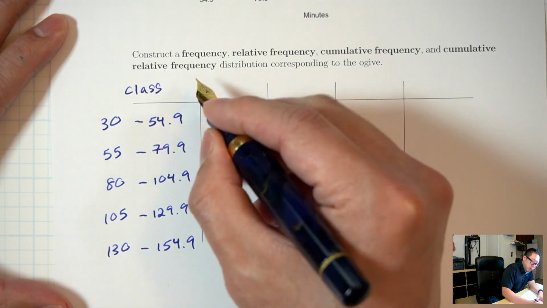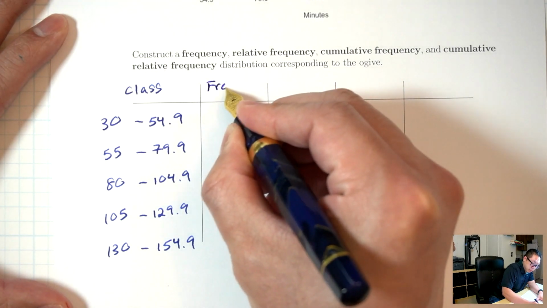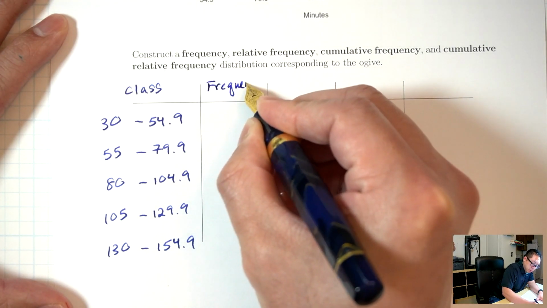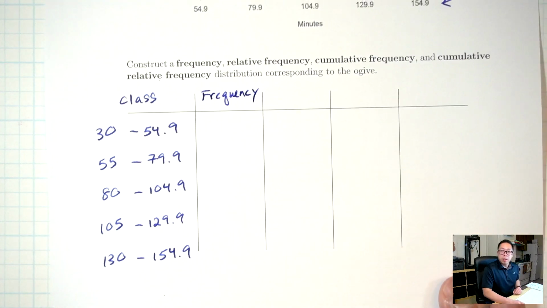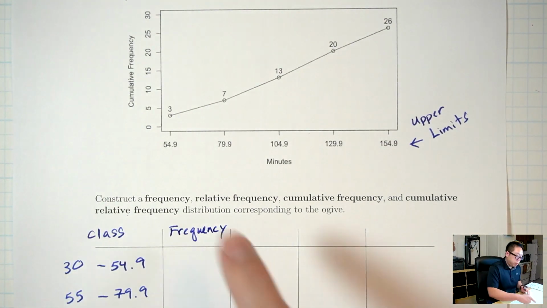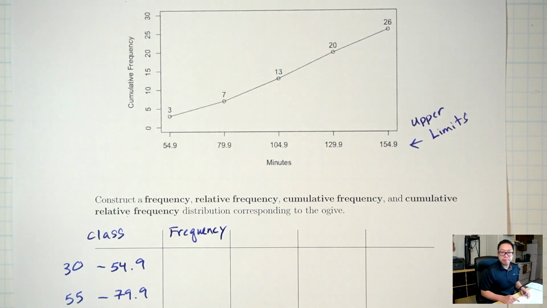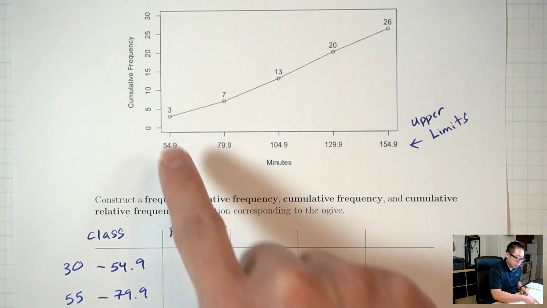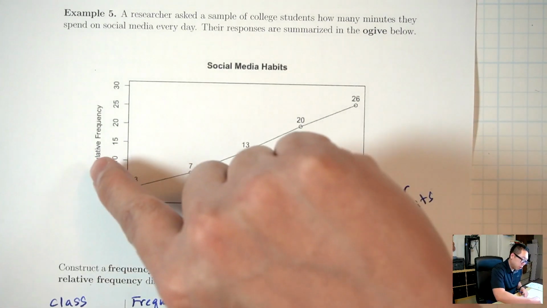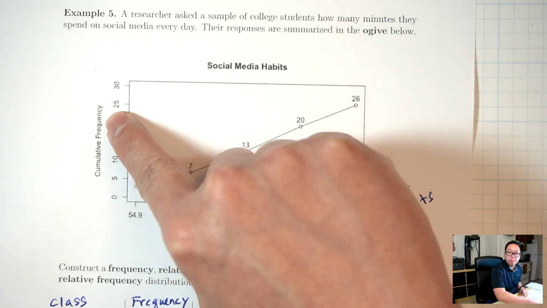And then we have to find the frequency. 3, 7, 13, 20, 26. Are these the frequencies? No, they're not. 3, 7, 13, 20, 26 on an ogive are cumulative frequencies.